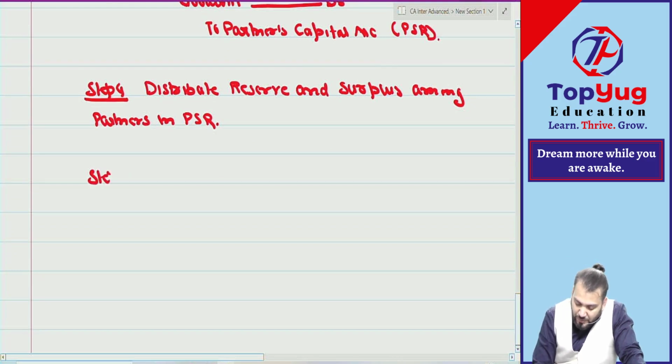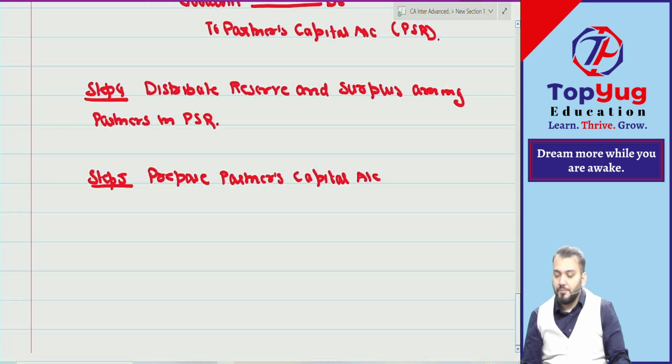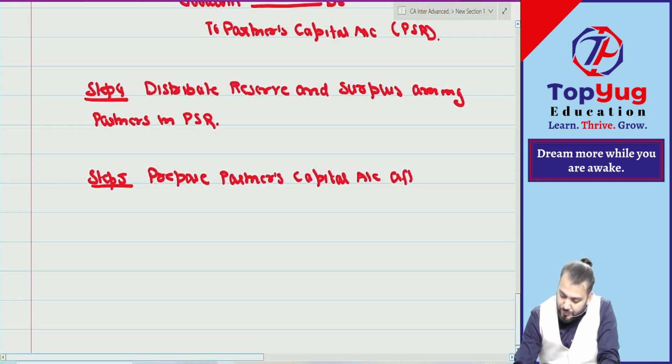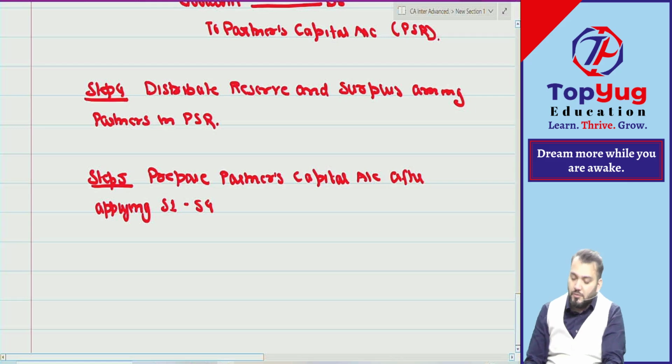Then step number 5 is what? Prepare which account? Partners' capital account. Correct. After applying step 1 to step 4, to determine what?